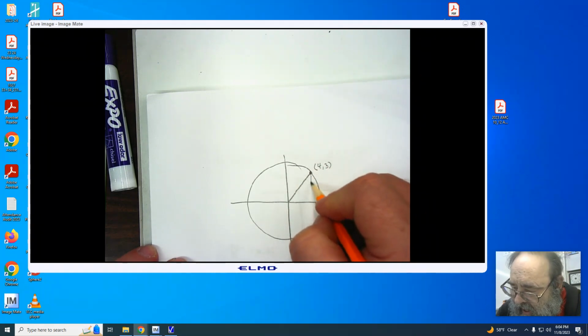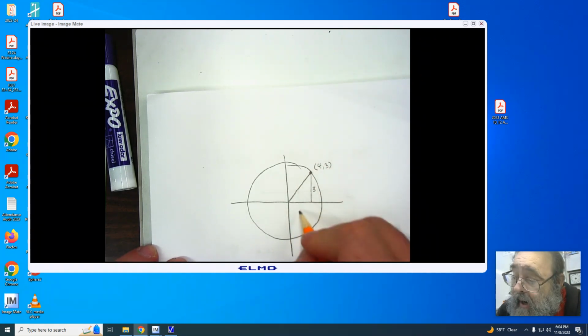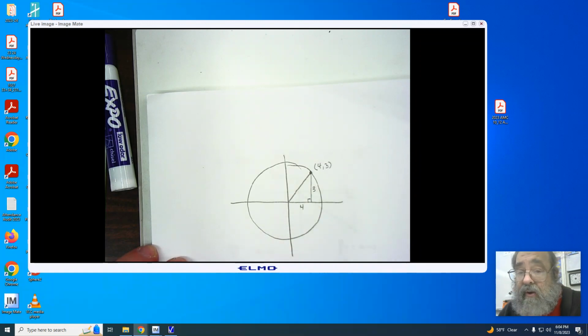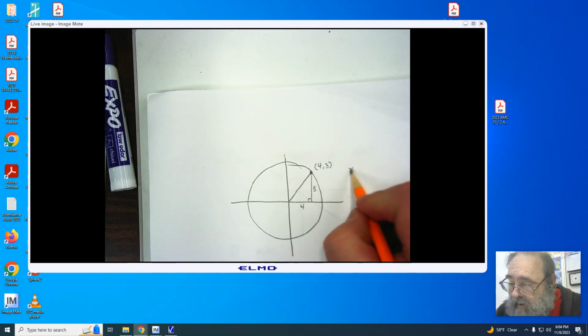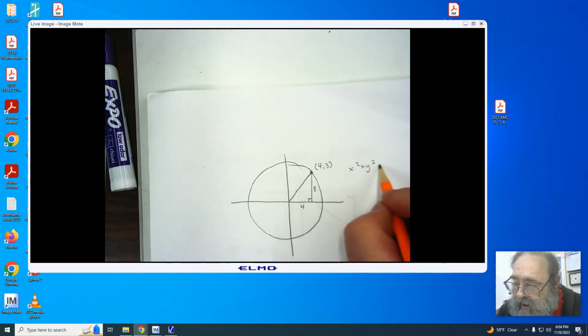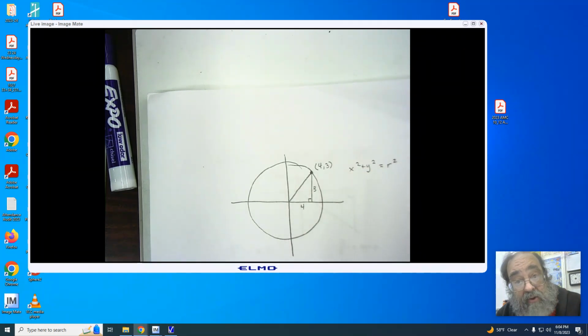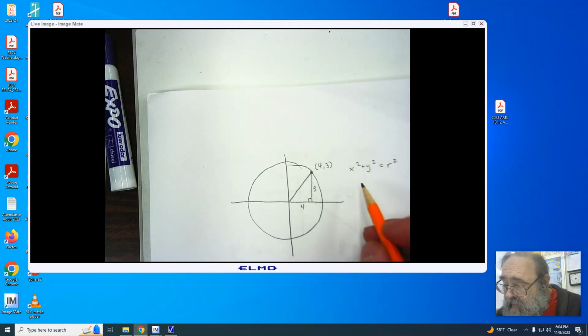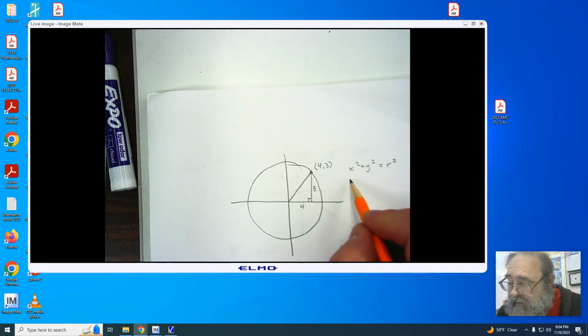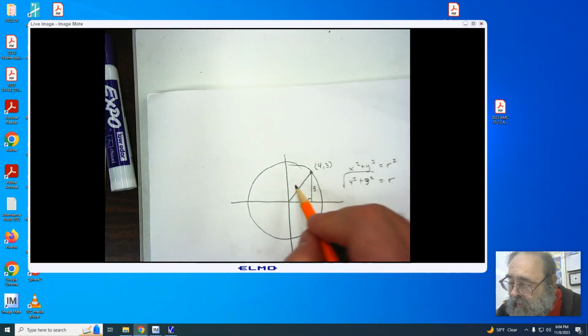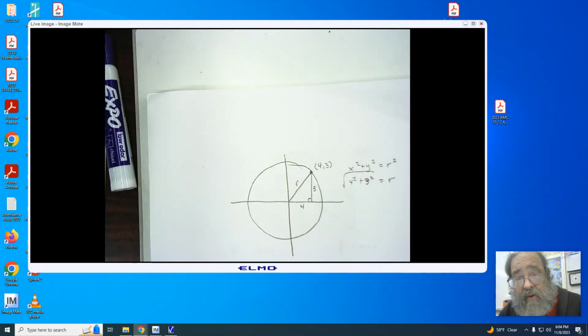That means that my height is 3, my length is 4, and you'll notice that I can use the Pythagorean Theorem. X squared plus y squared equals r squared, or h squared or z squared, depending upon what you want to call it. So if I know that I have a 4 squared and I have a 3 squared, then my square root of that should then be r, which is the radius of that circle.